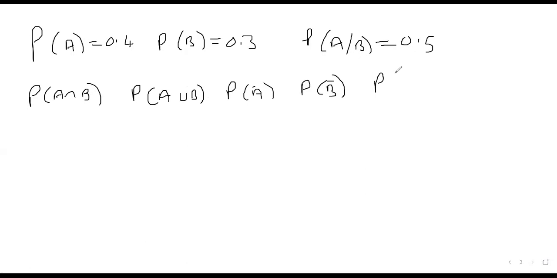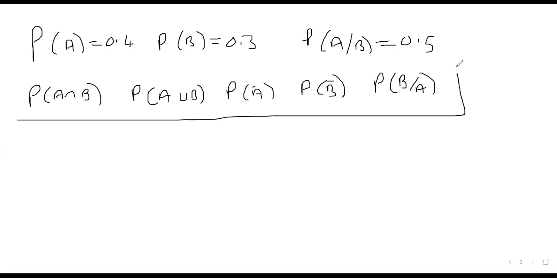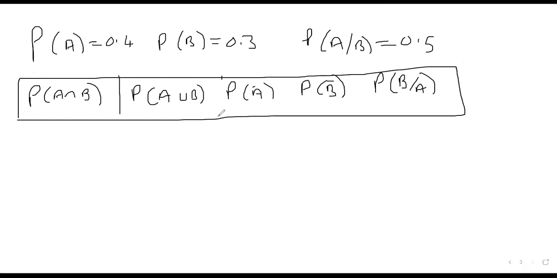Number 5, the probability of B given A. Let's try these ones here. Now, whenever given a slash, just know that there's conditional probability. So I encourage you to expand it first for us to find this first part. So this is part A, part B, part C, part D, and part E.